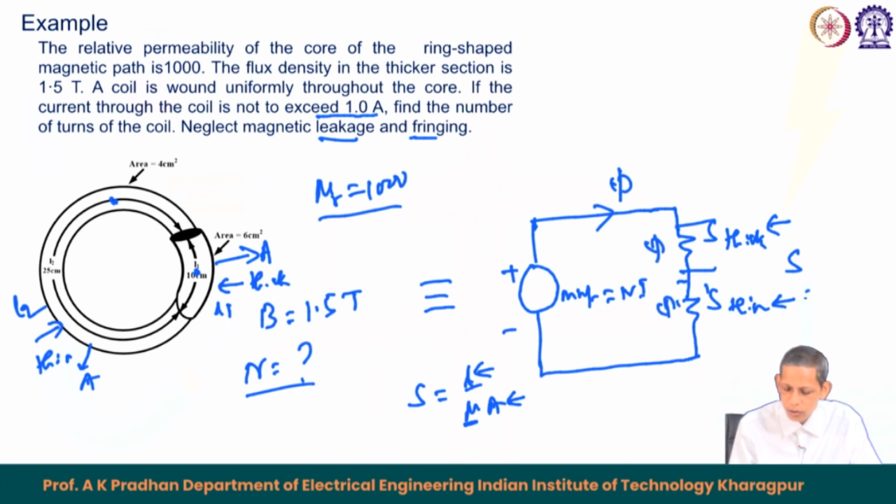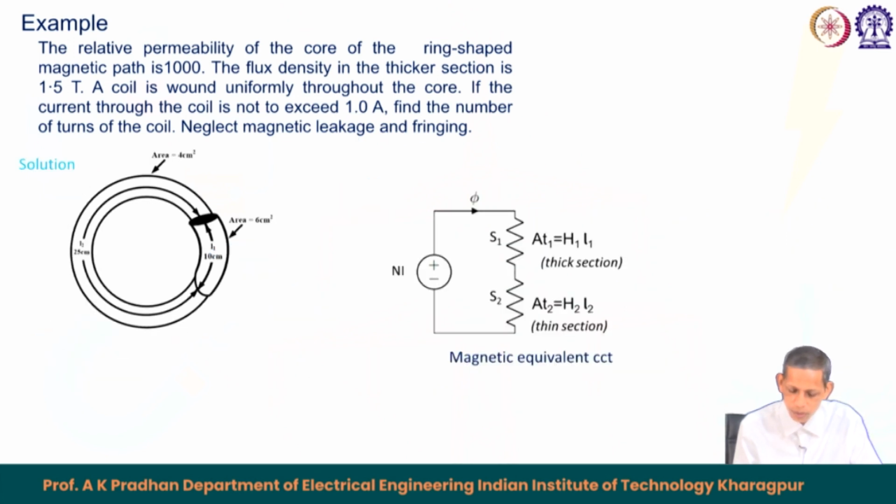So, the ampere turn required for the thin part and the ampere turn required for the thick part, these 2 ampere turns, give the total ampere turn, which is nothing but the MMF supplied by the coil. Using that concept we can solve the problem.